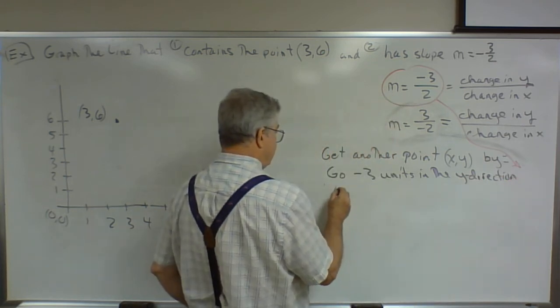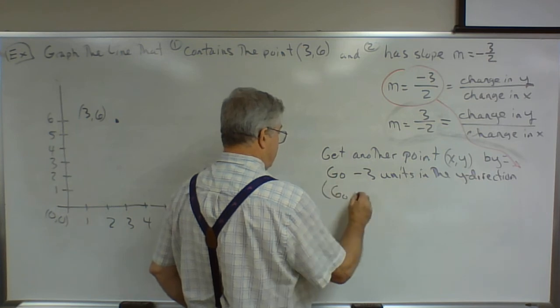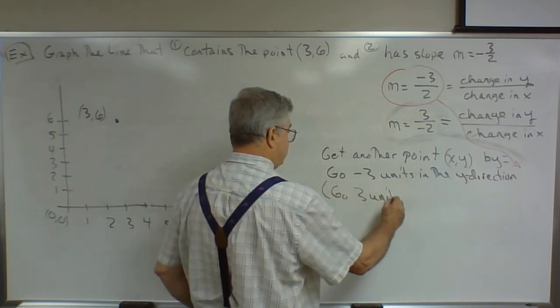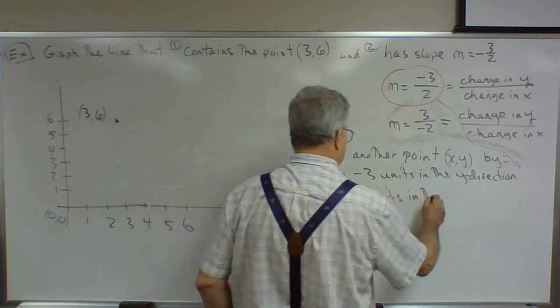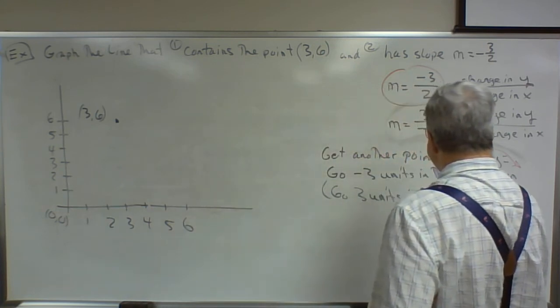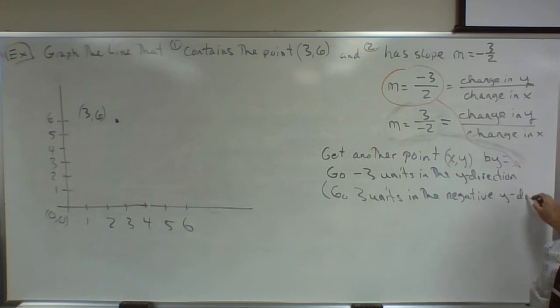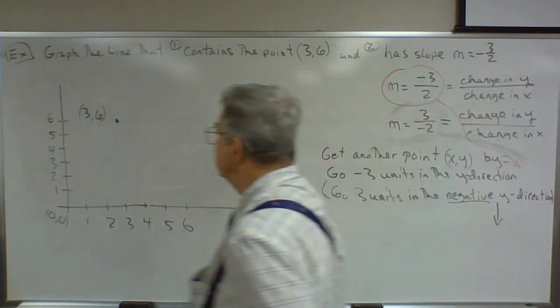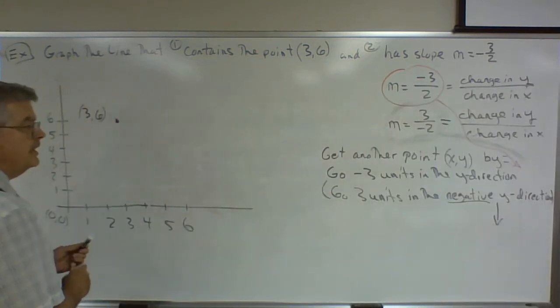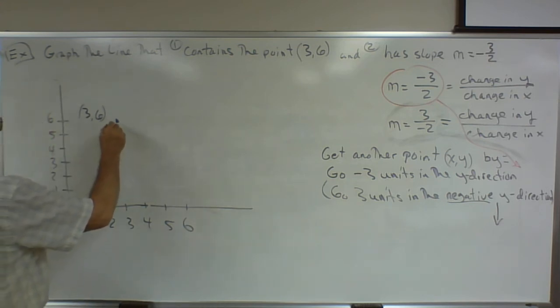In other words, go 3 units in the negative y direction. The negative y direction is down. So go 3 units in the negative y direction.